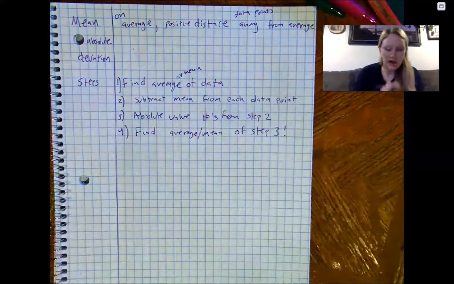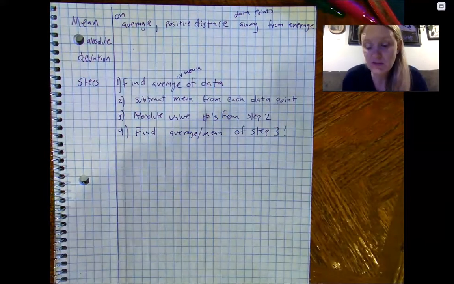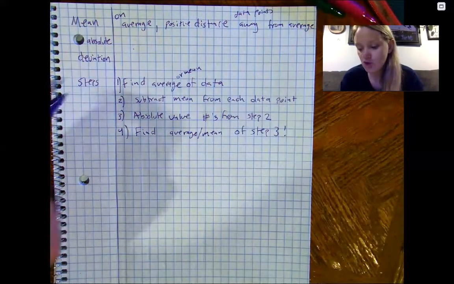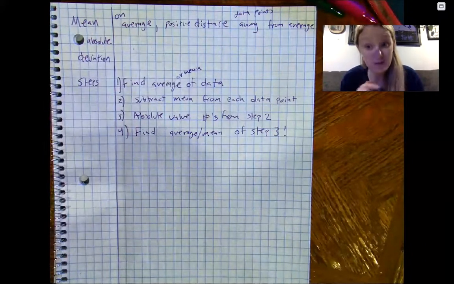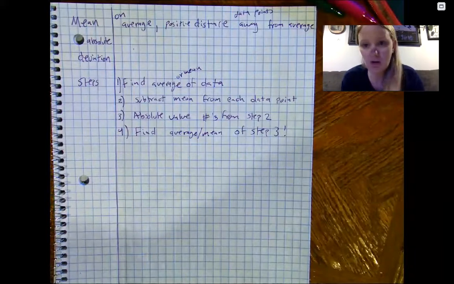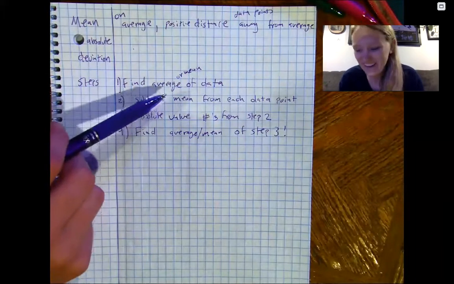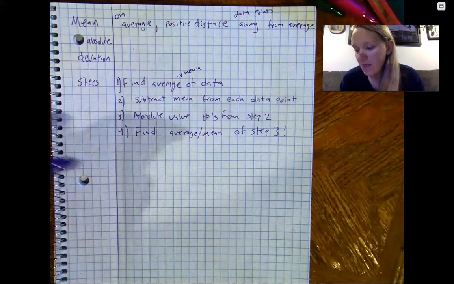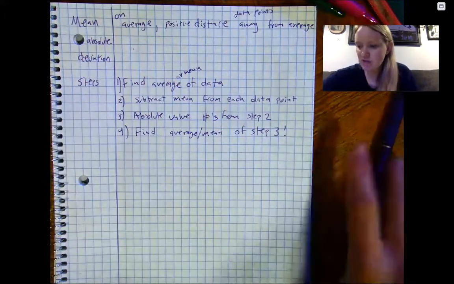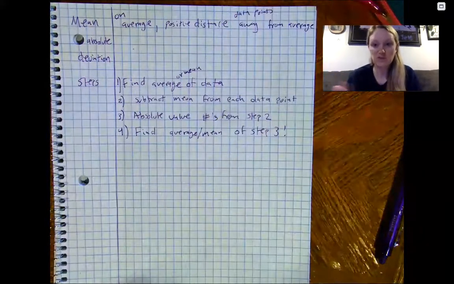Okay, as always, I'm going to go through this with you because it seems kind of confusing. So let's just repeat. First, you find the average or mean of the data, which we learned how to do. It's just when you add them all up and divide by how many. Subtraction, you know how to do that. Absolute value, you make it positive, and then find the average. I just want to show you how simple this can be, even though it sounds complicated.